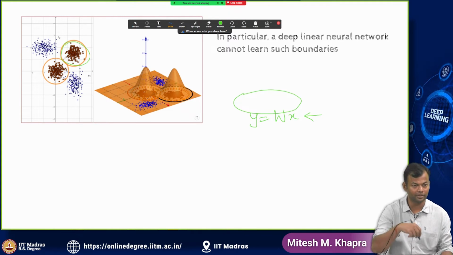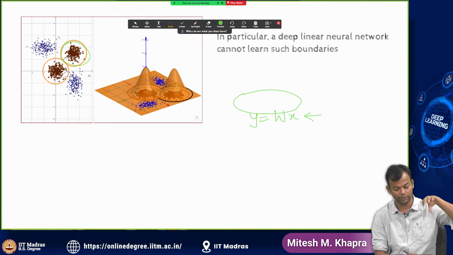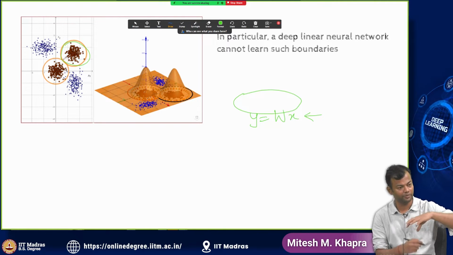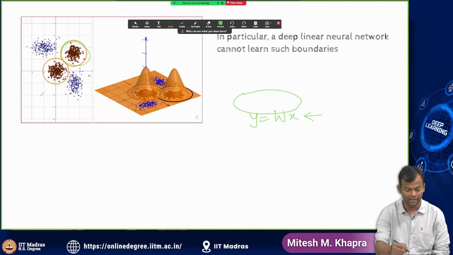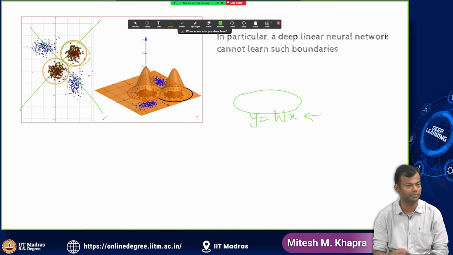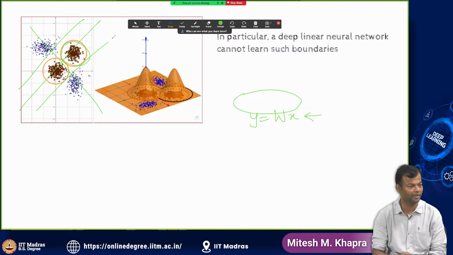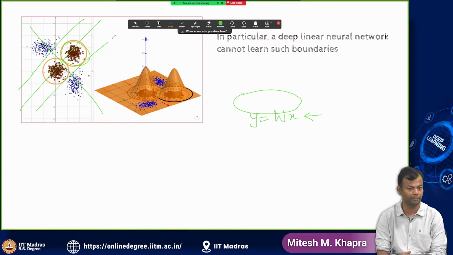You need something like a circular decision boundary which separates the positive points, which are the brown points inside, from the negative points, which are the blue points. I cannot draw any line which suitably separates the brown points from the blue points without giving me a high error. So that is not possible.